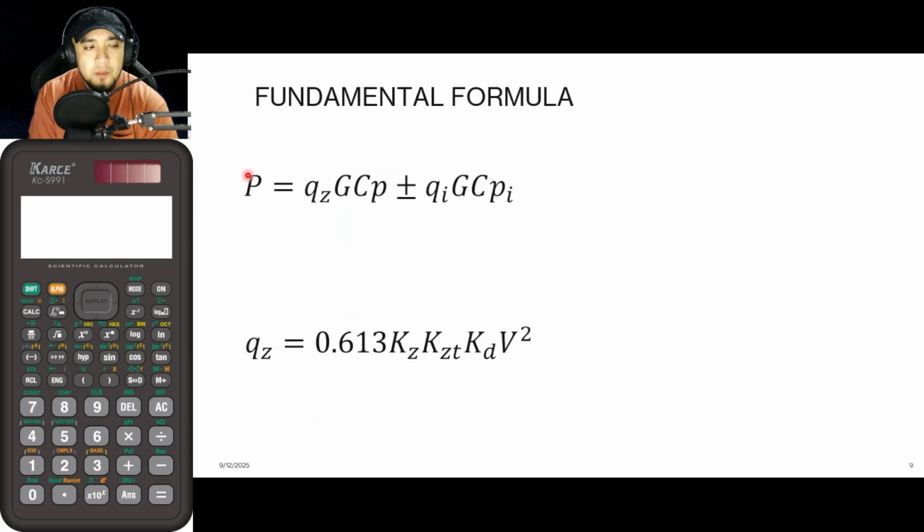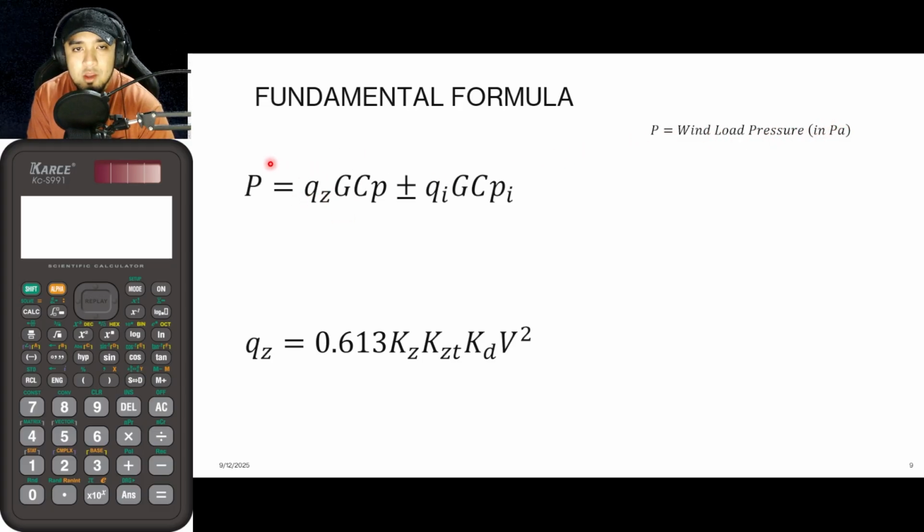So the pressure P is given by the equation P = qz times G times Cp plus or minus qi times G times Cpi. And from that, guys, we could solve for the value of qz using this equation. Let us put our attention to the formula at the top first. P is the wind load pressure, and the value that you will be solving here is in Pascal only, not kilopascal, just Pascal.